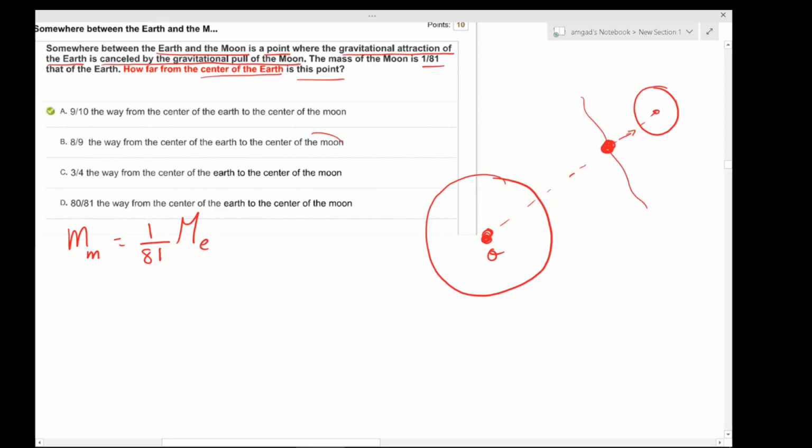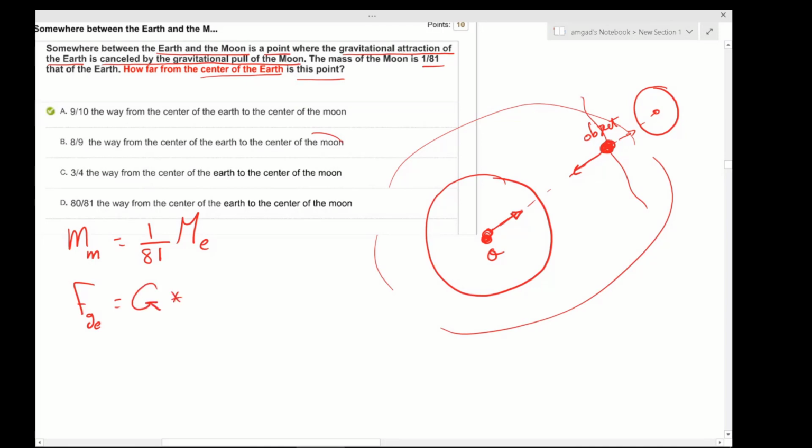Let's take the object here. What is the force of attraction from the Earth? Let's take the Earth and the object itself.